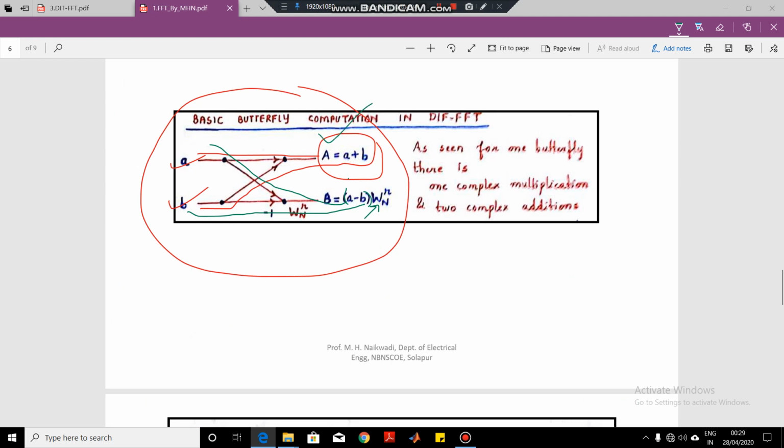So these are the two computations. The basic butterfly computation is very important in the algorithm, whether it be DIT or DIF. You have to remember the basic butterfly structure, because we are going to combine this butterfly structure for 8 points.